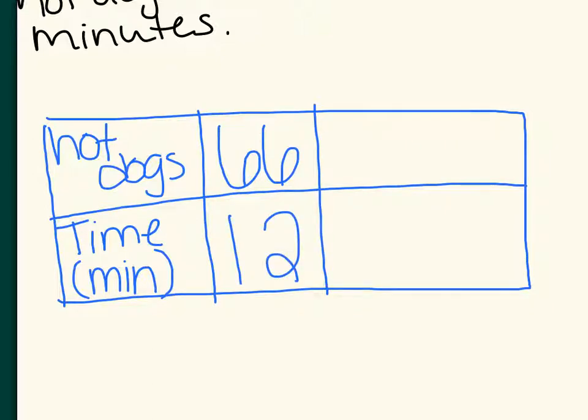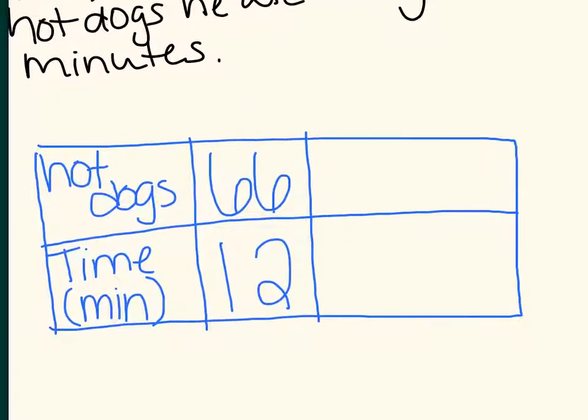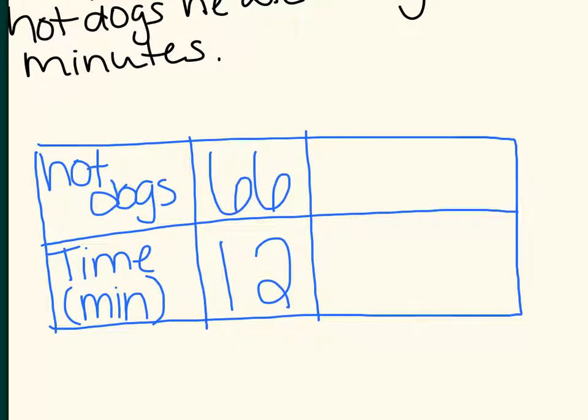Okay, so now what I want to do is I want to make this smaller. I want to figure out how much he ate in 2 minutes. So 2 is our end goal, but I might not know what I have to do to get from 12 to 2. So let's make this just a little bit smaller.